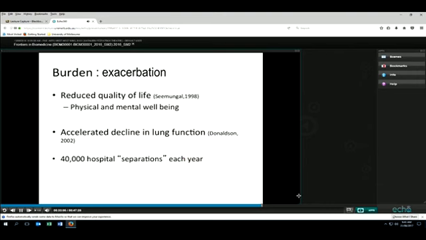So it's a significant limiter in terms of people's quality of life from day to day when they're well. They have reduced exertional capacity, they can't do the things that they want to do. But in terms of economic burden, the biggest issue is exacerbations of COPD, which are periods of transient significant worsening in lung function and often in symptomatology, both breathlessness but also frequently cough and heavy sputum production. So this obviously reduces their physical well-being.